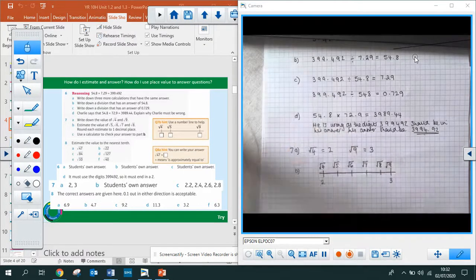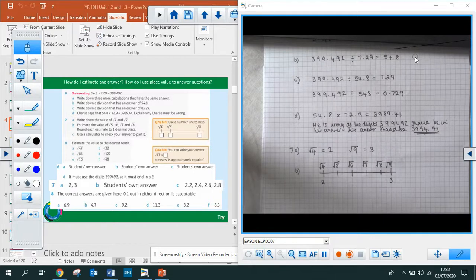Okay, and they just want an answer that is rounded to one decimal place. So you had to think of an answer for each of these, just roughly, and I'm going to leave it to whatever you've put down there.